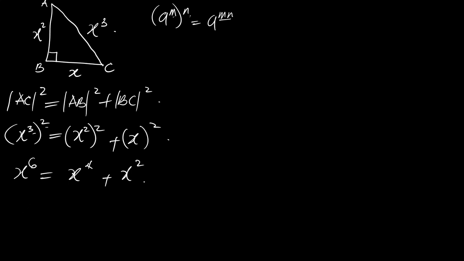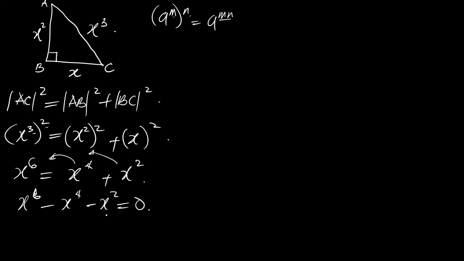So now let's move all these terms to the other side. We have x to the power 6 minus x to the power 4 minus x to the power 2 is equal to 0. Now let's factor out. There are common factors.